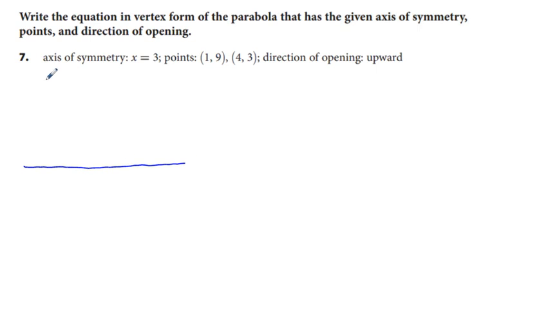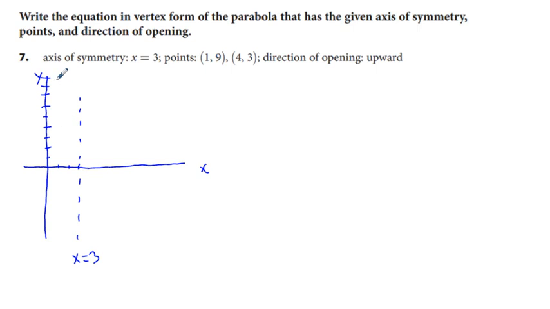We have an XY coordinate plane. We have axis of symmetry here at x equals 3. We have our point 1, 9. So 1, 1, 2, 3, 4, 5, 6, 7, 8, 9.